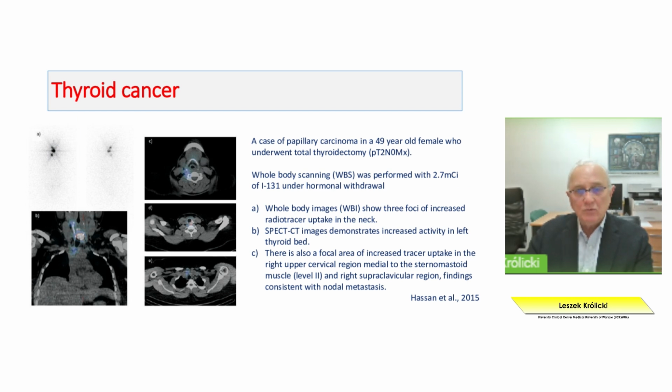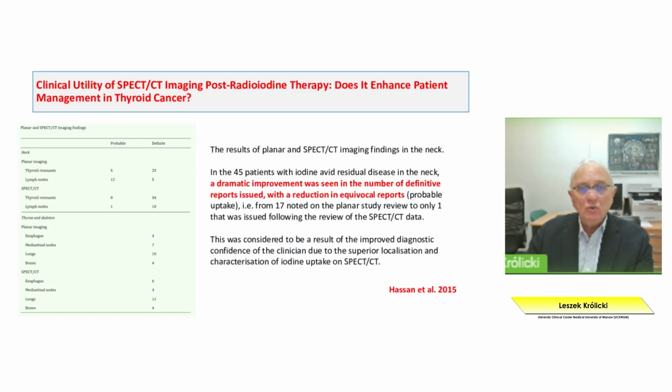Here we have a patient that has been described by Professor Hassan in 2015. This is a papillary carcinoma in a 49-year-old female, and the authors emphasize that SPECT-CT images provide much more information when we compare it with the scintigraphic examination only.